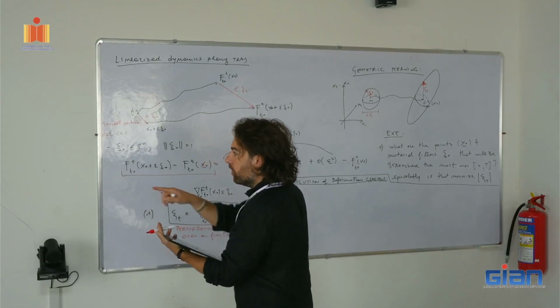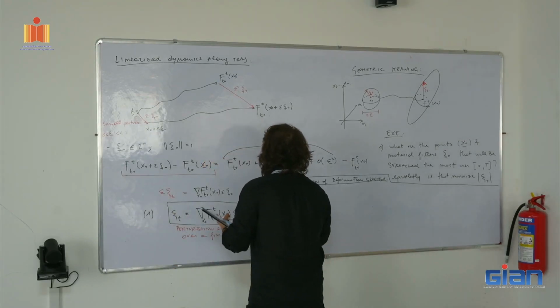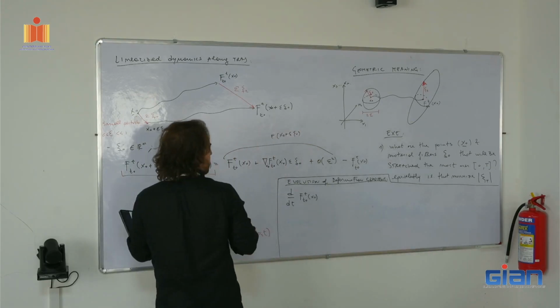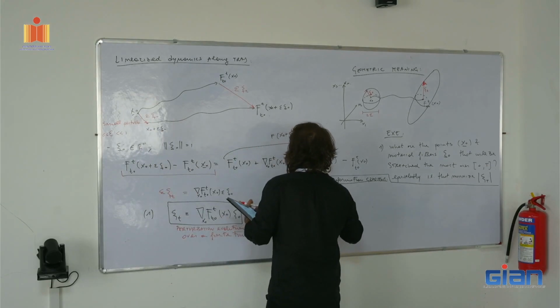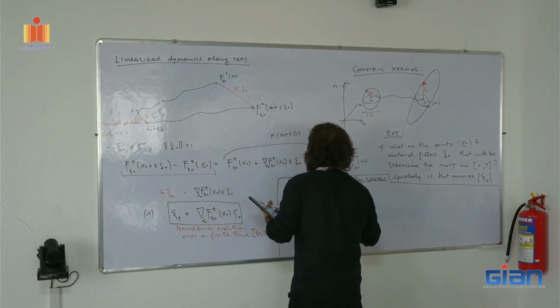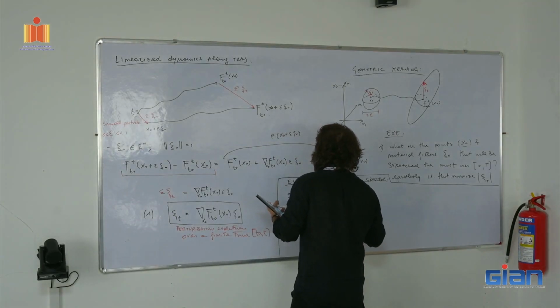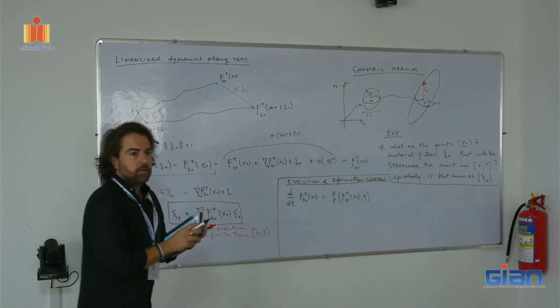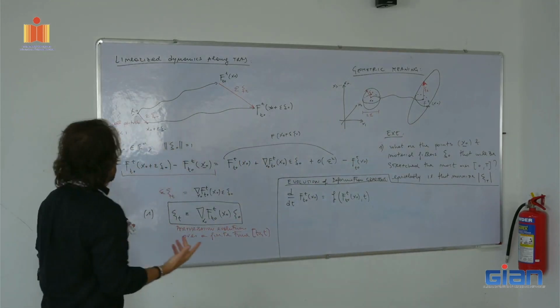So we know that the derivative of the flow map, this guy, is equal to the velocity field evaluated along trajectories, right? Okay, so now what do you want to do?